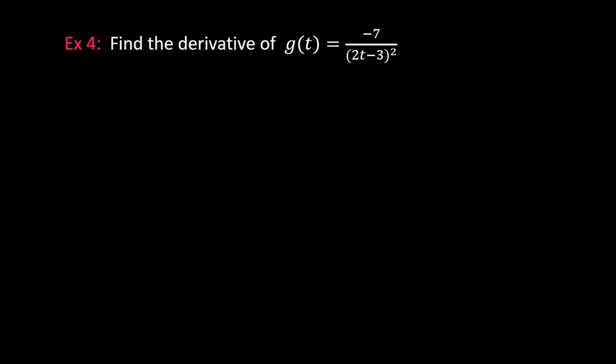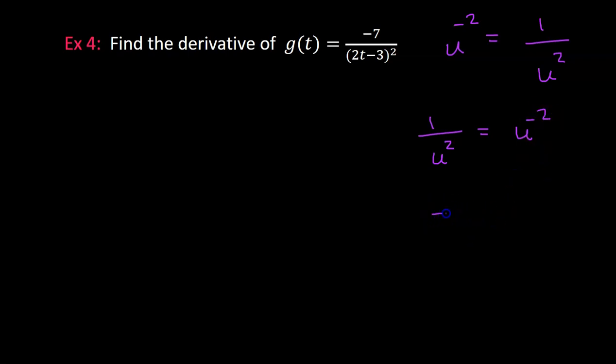Before we do example 4, let me remind you how negative exponents work. Remember that if I have u to the negative 2 power, that would be 1 over u squared. But this is a two-way street. If I gave you 1 over u squared, if you wanted to, you could write this as u to the negative 2 power.